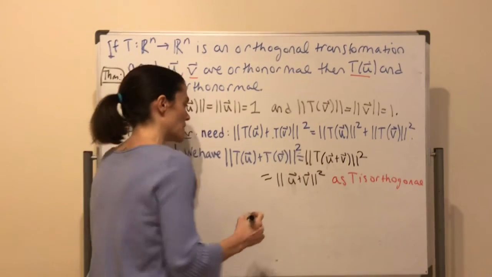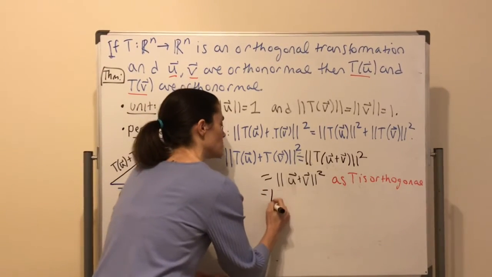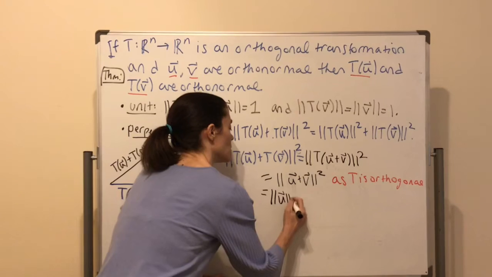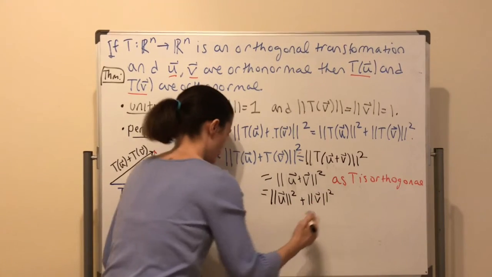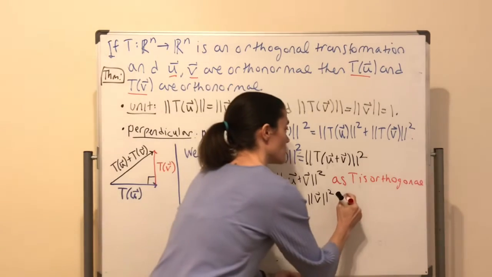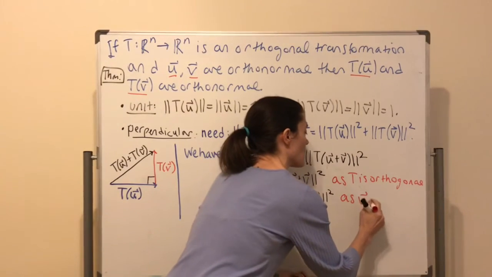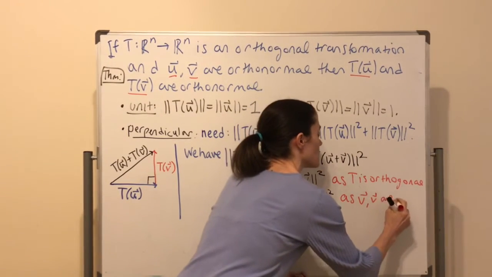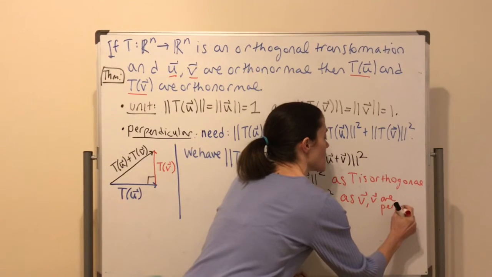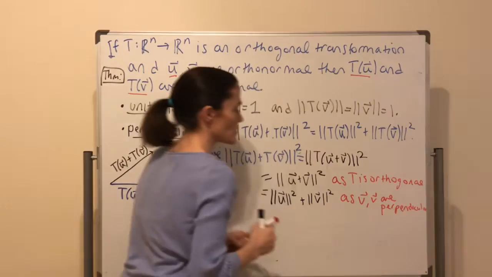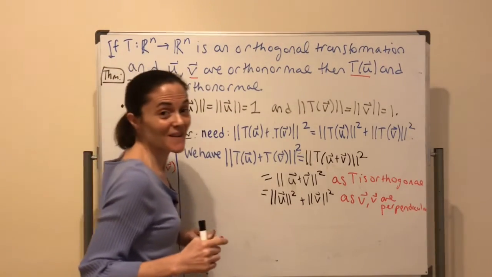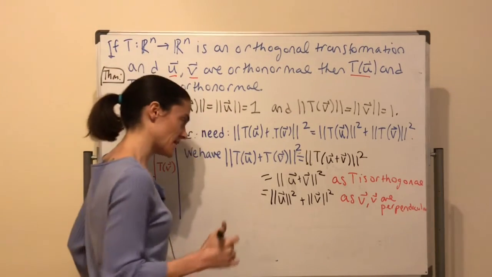Well, now, this is equal to this squared plus this squared, because U and V are perpendicular. These were assumed to be orthonormal, so they're perpendicular vectors.